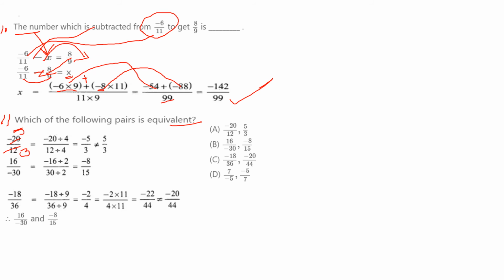So, this option is not correct. 16 by minus 3, cancel it, 8 2s are 16, 15. So, minus 8 by 15, minus 8 by 15, correct answer. So, you don't need to see the other options. The second option is correct. That is equivalent.